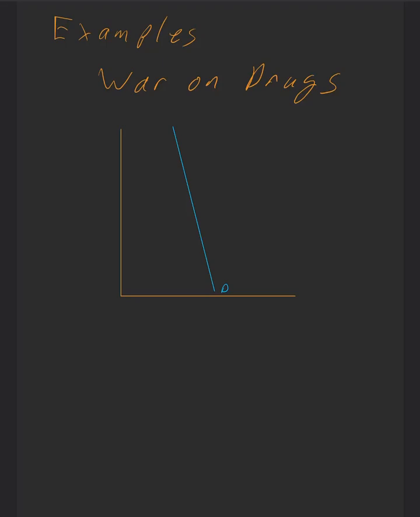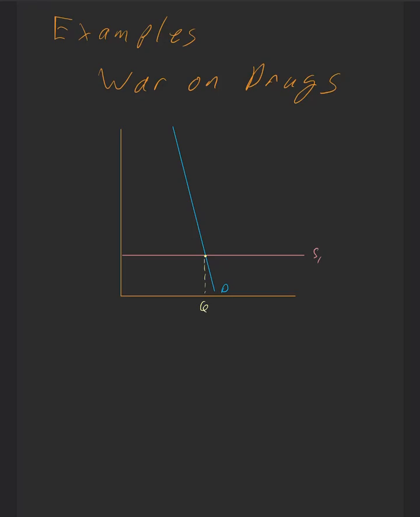Okay, let's take a quick example before we have any war on drugs. We have this supply curve, okay, supply 1. What is the intention of the war on drugs? Well, the intention of the war on drugs is to reduce supply.